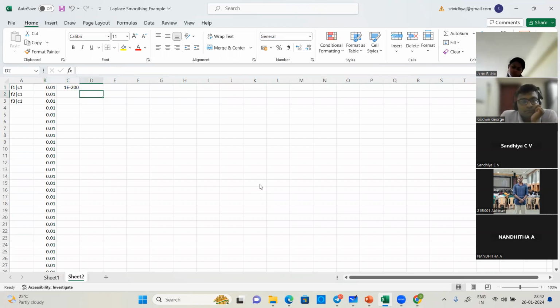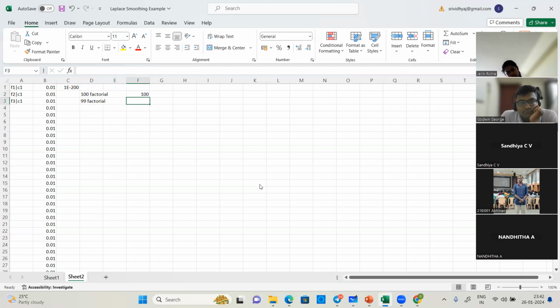So let's say there's 100 factorial, and then there's 99 factorial, and I'm dividing these two. Can you tell me what 100 factorial by 99 factorial is equal to? 100, correct.